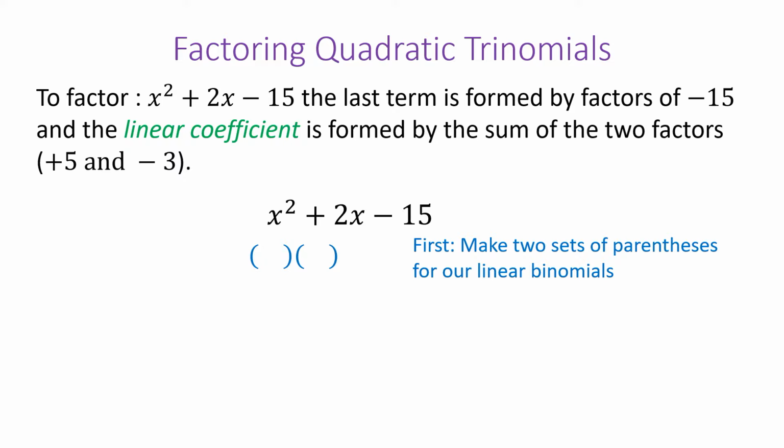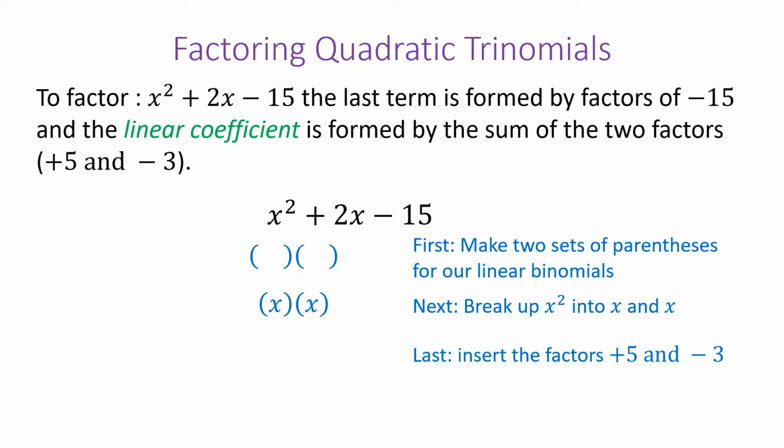Let's break up x squared first. We're going to put x and x in each parenthesis. Remember, we needed factors of negative 15 that added to 2, so we got 5 and negative 3. We're going to put those in, and those are our factors. The two linear binomial factors that multiply to x squared plus 2x minus 15 are x plus 5 and x minus 3. That is how we factor.